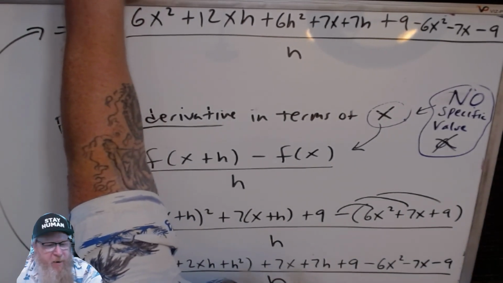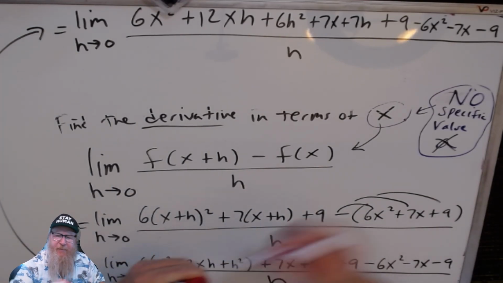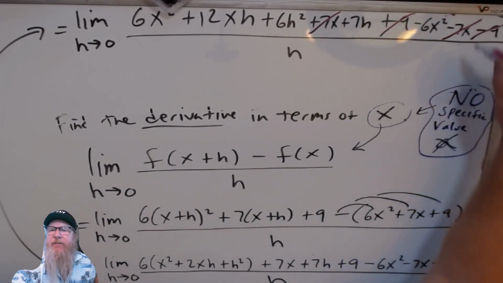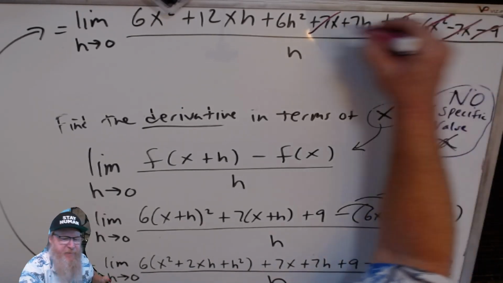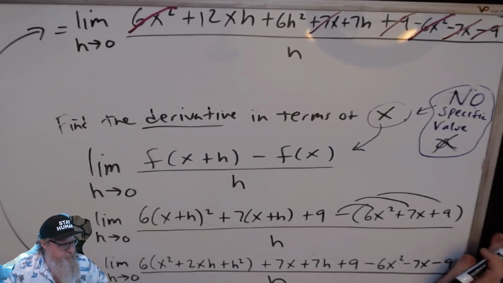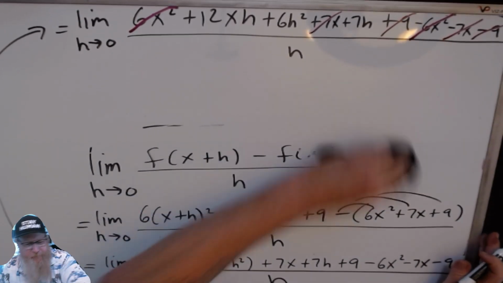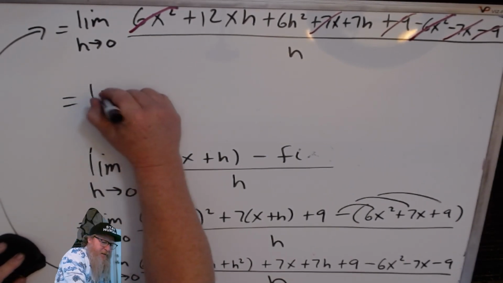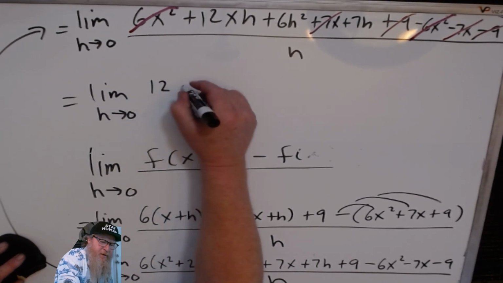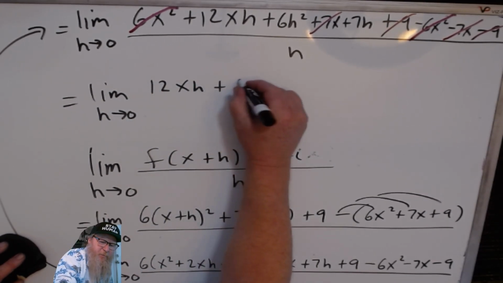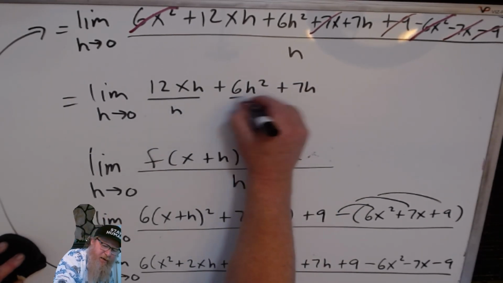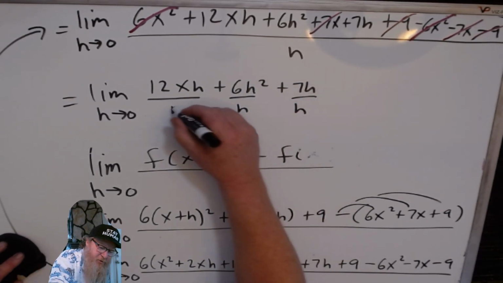Comes my favorite part. The 9's will cancel, the 7x's will cancel, and the negative 6x squared and the positive 6x squared will cancel. So this is the limit as h goes to 0 of 12xh plus 6h squared plus 7h, all individually over h.